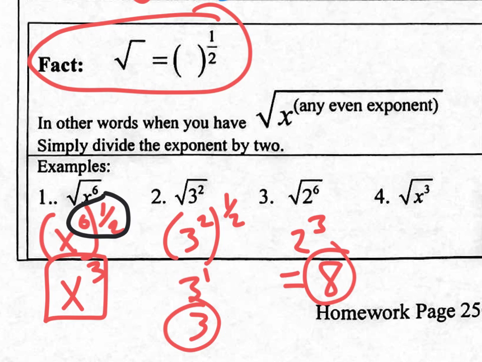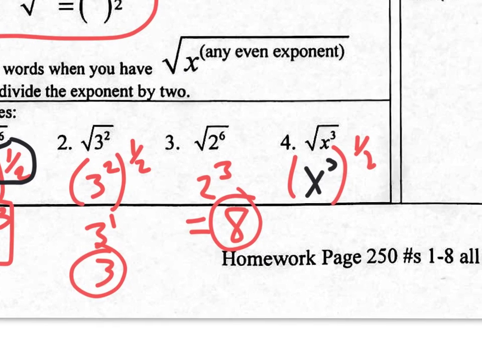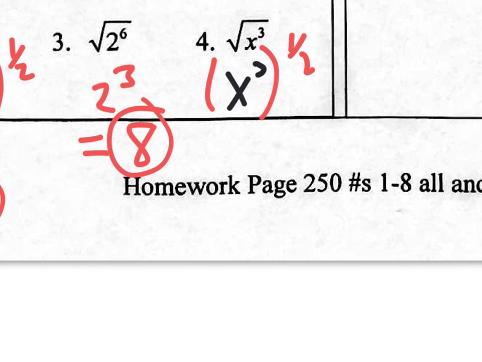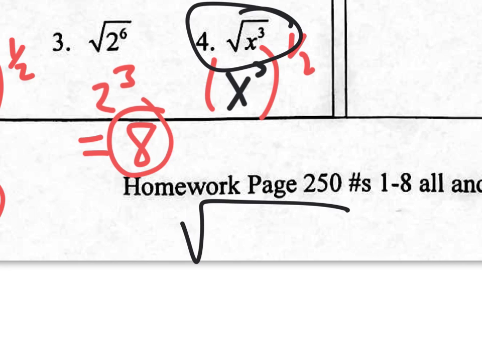How about number 4? Well, you really have x to the 3rd to the 1/2 power. So you really have 3 times half. So that would be x to the 3/2 power. Well, let me do this. I think I'm spending way too much time on this. Let's go back to this original one, x to the 3rd power.